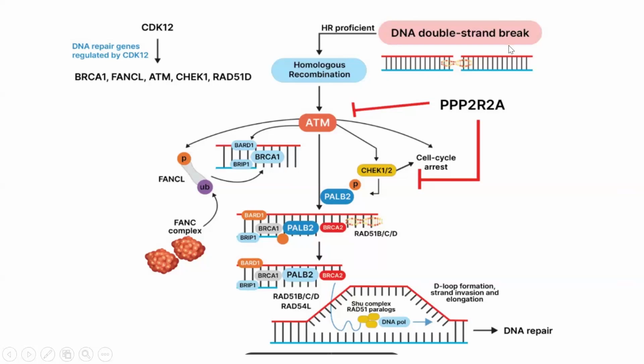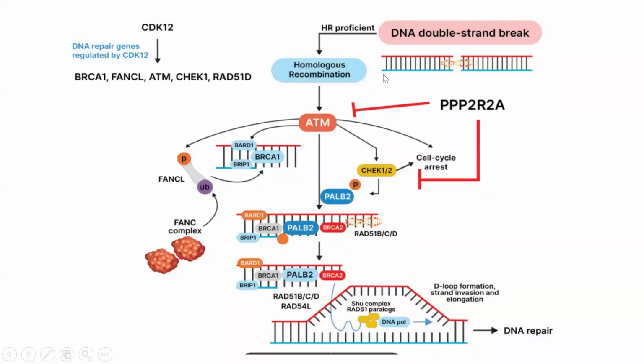Now moving on, this is the classical homologous recombination repair, which plays an important role when there is a DNA double strand break in an HR proficient system. The homologous recombination pathway is a group of genes, BRCA1 and BRCA2 associated genes, all of which come together and help in repairing the double-stranded DNA by joining the ends. Then you have the mutation that gets created. Once the mutation is created, the cell recognizes it as a foreigner, and then takes it to senescence.